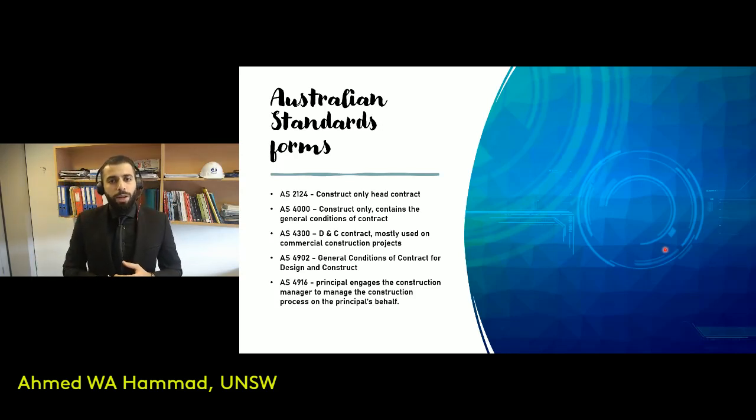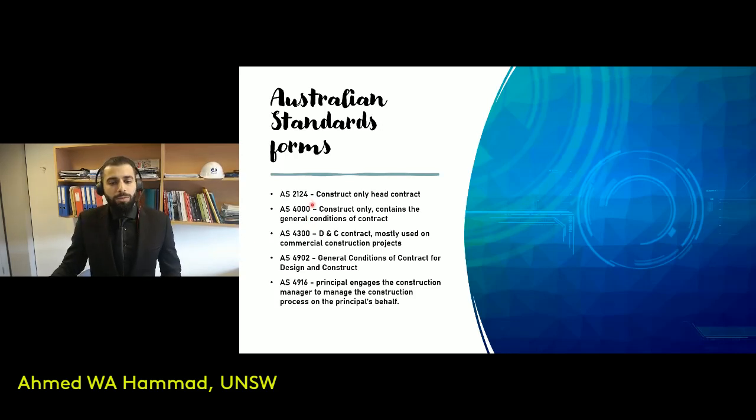So in Australia, different organizations use different forms, but the most notable form is the Australian Standards Form. And on the screen in front of you, you can see a list of them. So AS2124, for example, that's used in construct-only projects. So where you have a project that's construct-only, that's a suitable standard form to use.